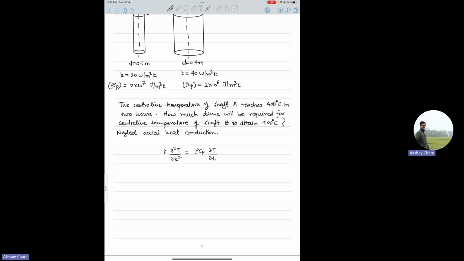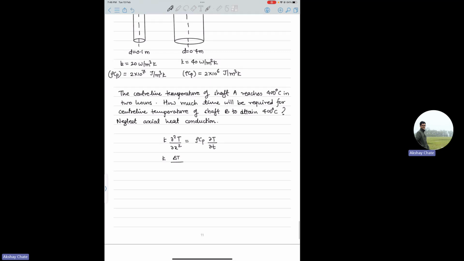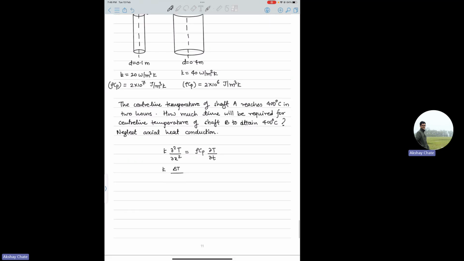So if you do the simple scaling, this k and this some delta T will be there. Your x will be your diameter, because that is the radial direction. Here you'll get some diameter or some radius, that doesn't matter, but some length scale, which will be squared since it's a second derivative.